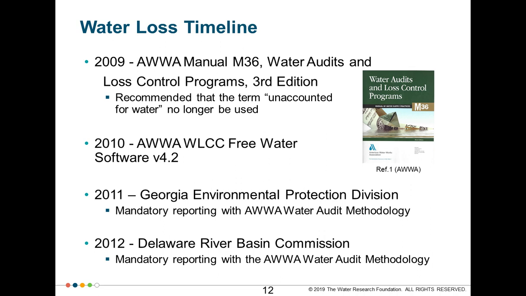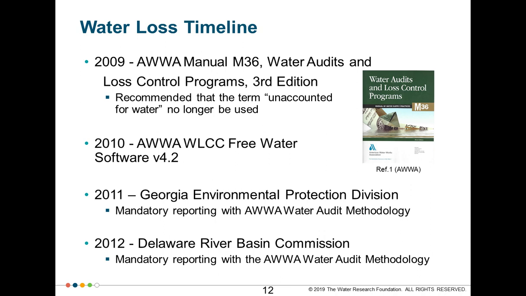In 2009, the AWWA M36 manual, the third edition, came out, which defined how to use the AWWA water audit methodology. And again, recommended to no longer use the term accounting for water or unaccounted for water. In 2010, the Water Loss Control Committee updated the software program to version 4.2.